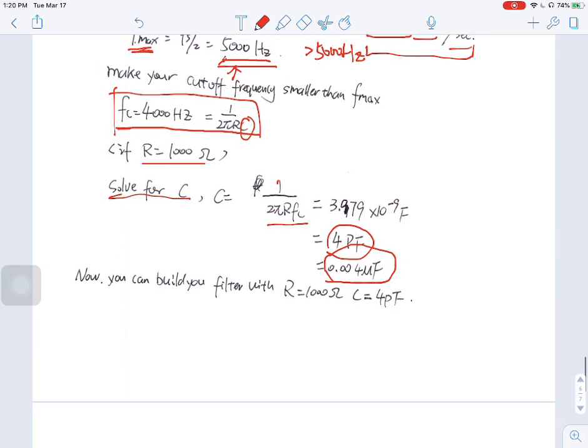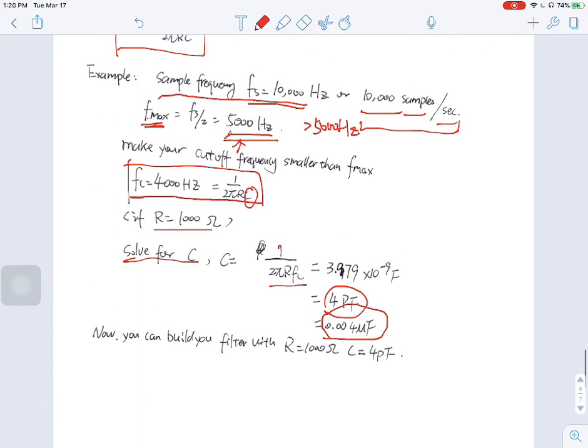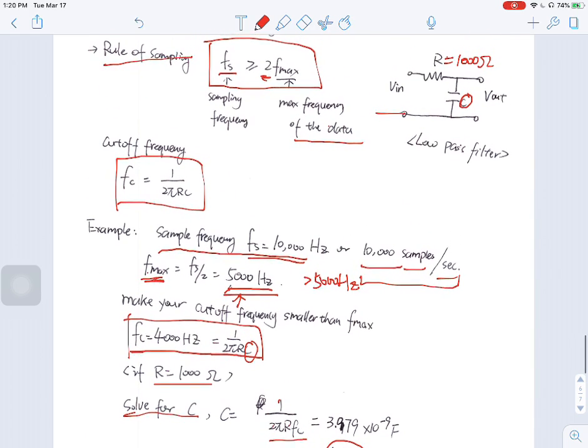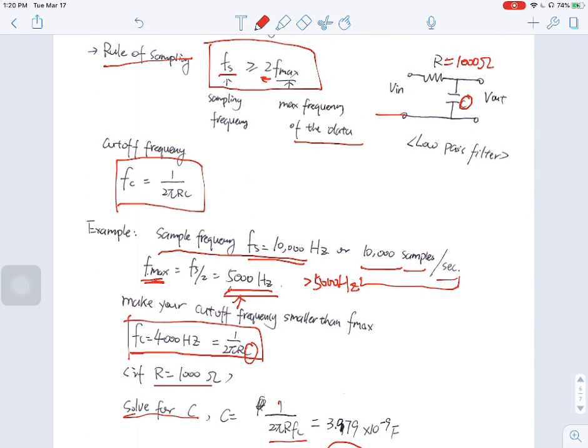This is just an example to show you how to build your simple low pass filter based on the maximum frequency and the sample frequency you have. So for the particular application in your project, you would need to check the data sheet of your ADC to find out what this FS is.